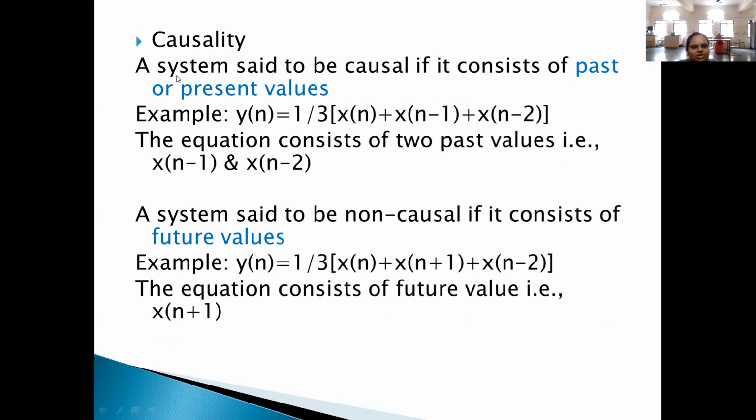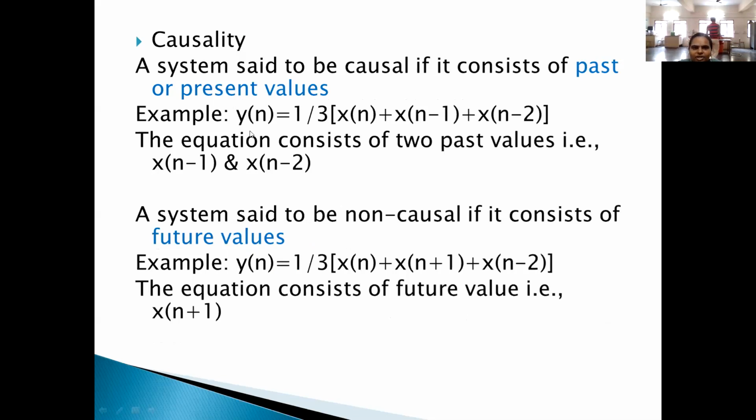Next, what about causality? A system is said to be causal if it consists of past or present, previous values and also the present value. Then I can tell a system is causal.